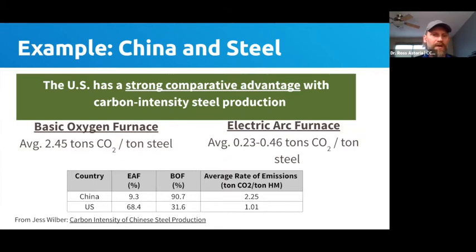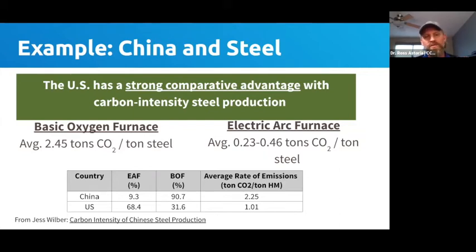So how does this work out? There are two general ways to produce steel. One is a basic oxygen furnace, and the other is the electric arc furnace. For the BOF, average carbon emissions are about 2.5 tons per ton of steel, and for the EAF, average emissions are somewhere between 2/10 and 4/10 of a ton of carbon dioxide per ton of steel.